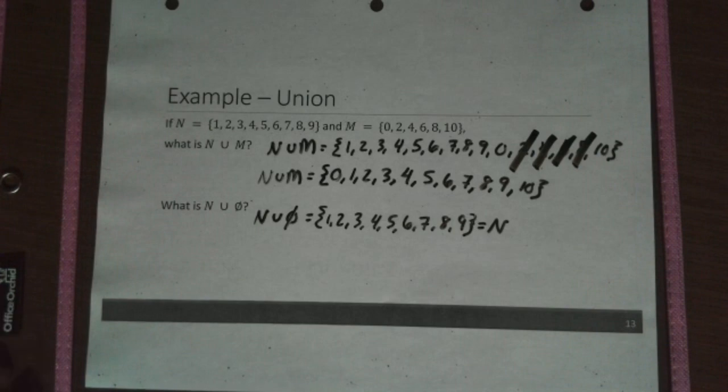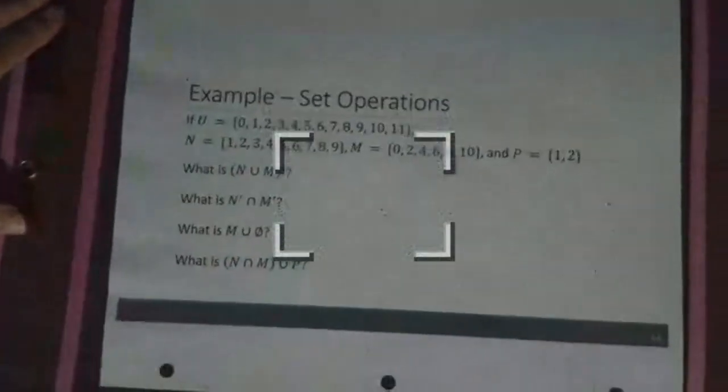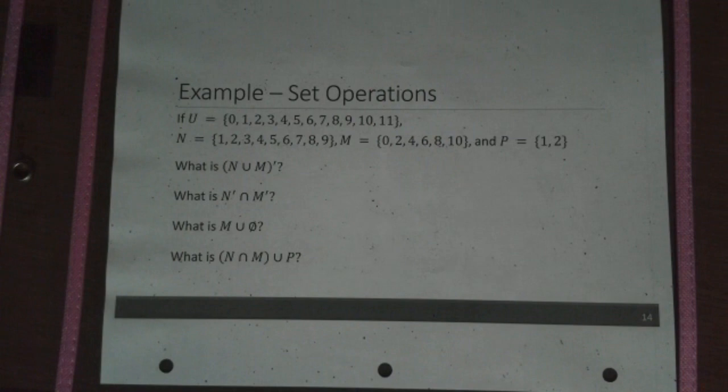So now that we have complements, intersections, and unions, let's see if we can put them all together. If set U is our universal set and it contains 0, 1, 2, 3, 4, 5, 6, 7, 8, 9, 10, 11, N and M are what they have been. And now we're going to introduce set P, which contains 1 and 2.